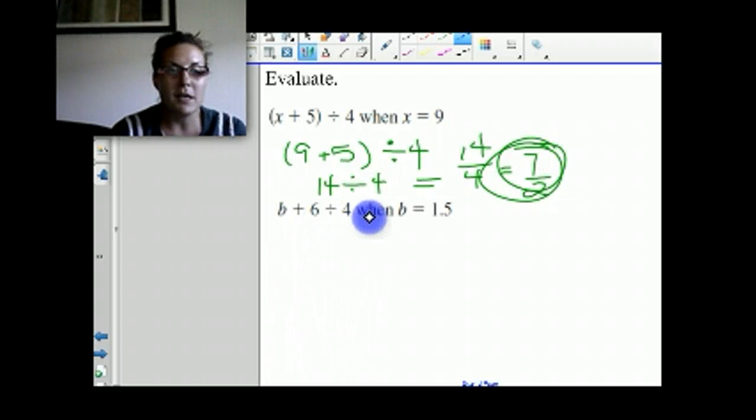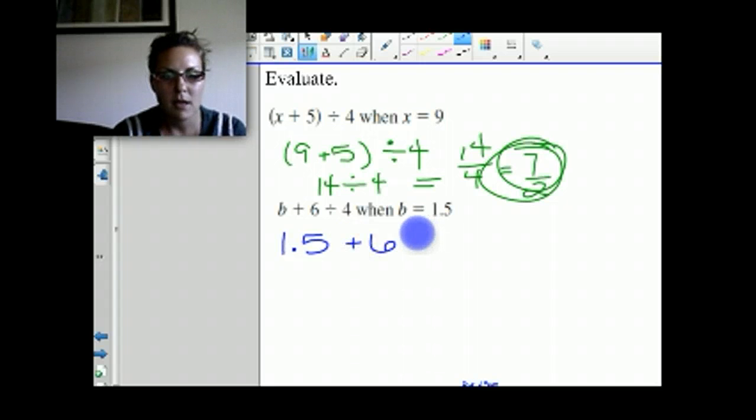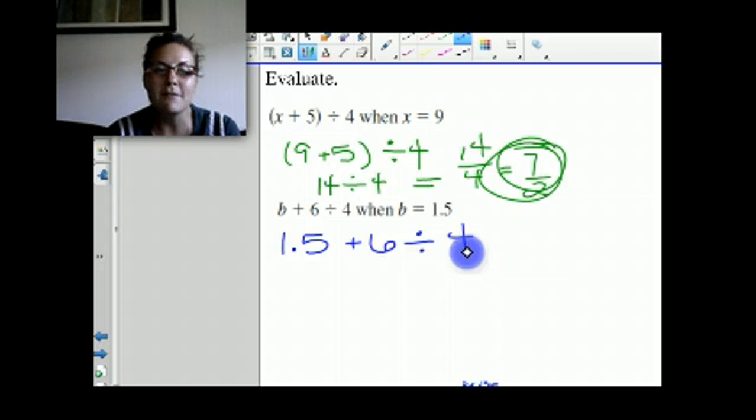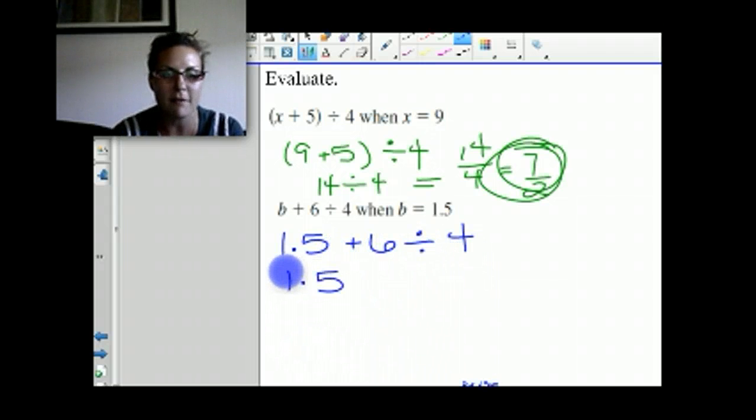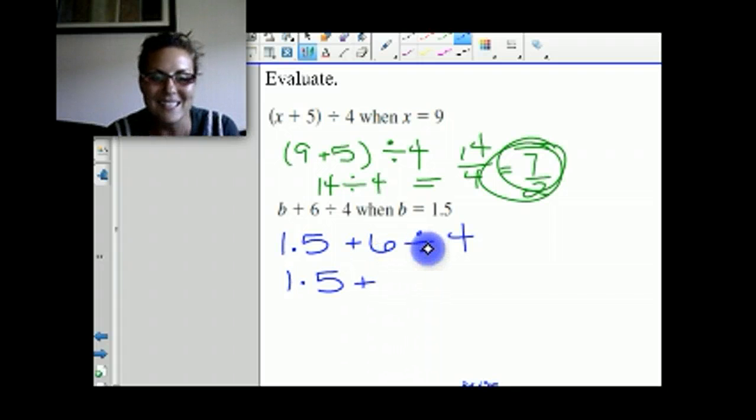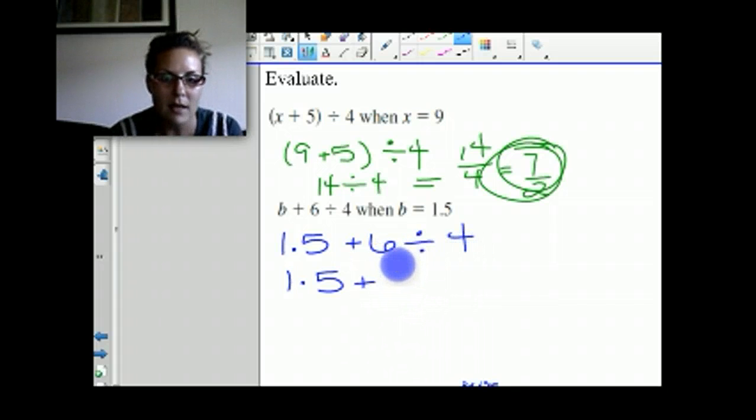For the second one, we're going to evaluate when b equals 1.5. So we have 1.5 plus 6 divided by 4. Right? We're going to do our division first. Don't add. Right? Division first. So we have 1.5 plus 6 divided by 4, which is the same as 6 over 4.